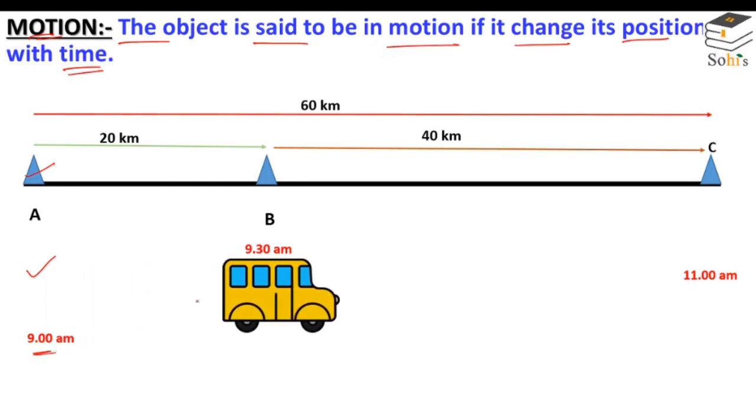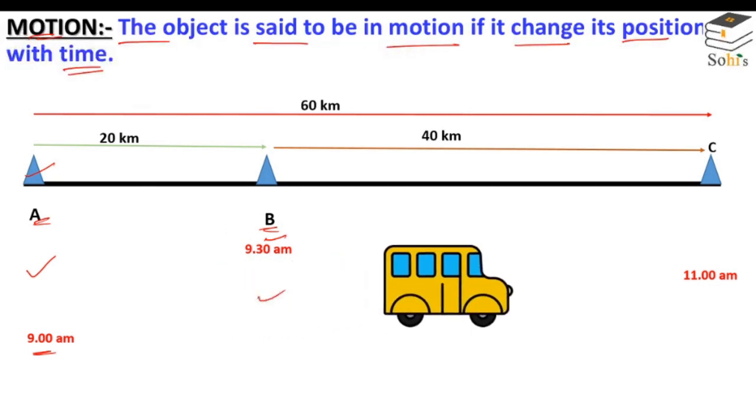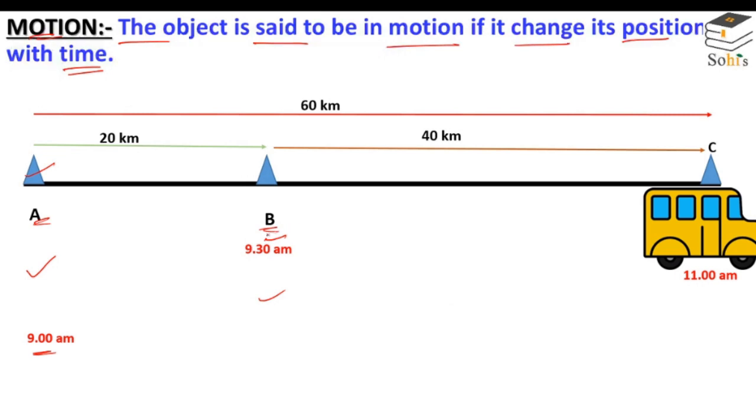Time changes from 9 to 9:30 and the body changes its position from A to B. The body is changing its position with respect to time, so we can say the body is in motion. Again, the body changed its position from B to C, and time changed from 9:30 to 11 am. Again, with the change of time, the body is changing its position, so it is in motion.